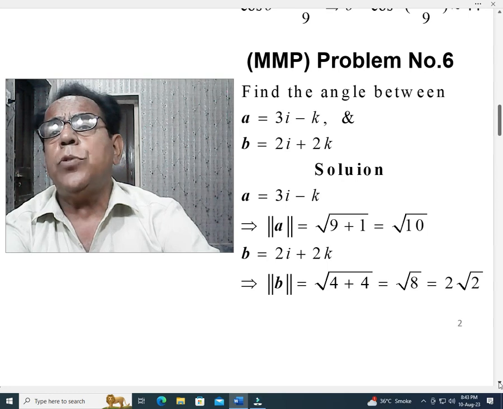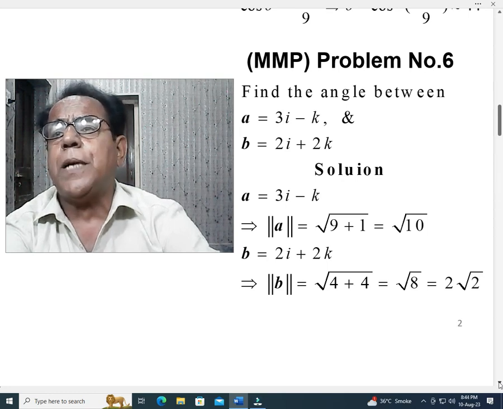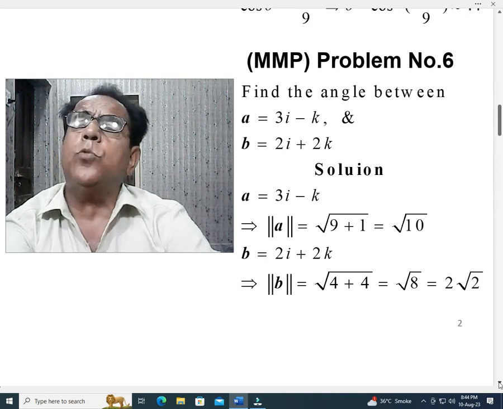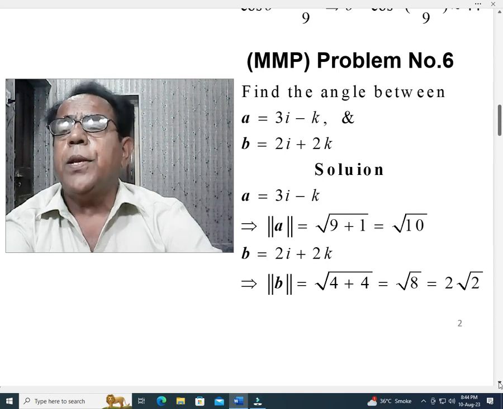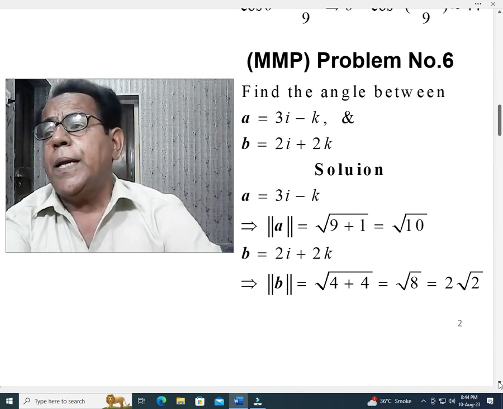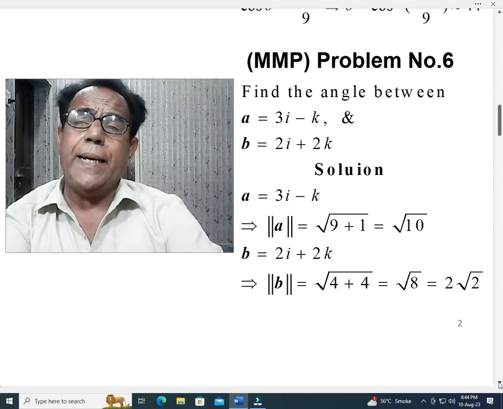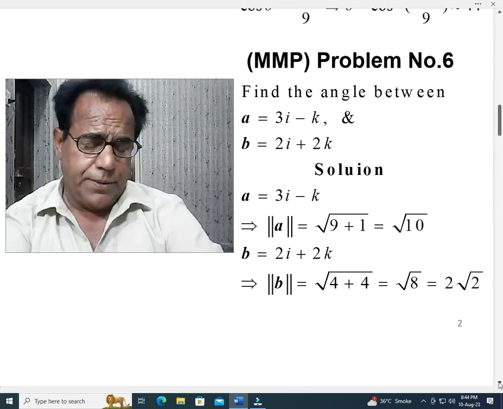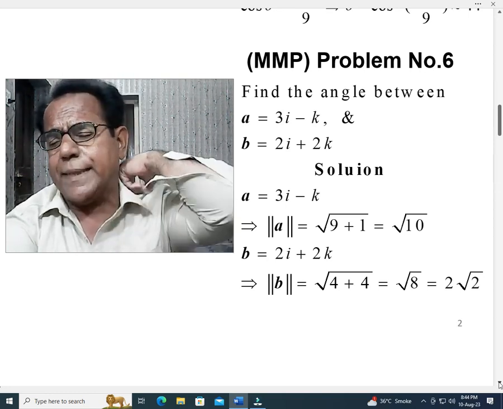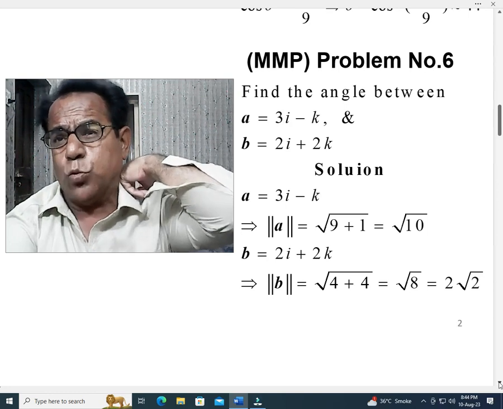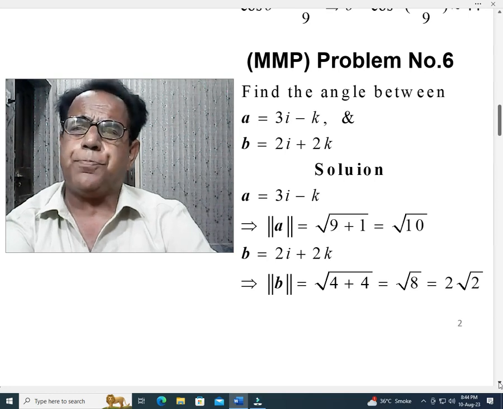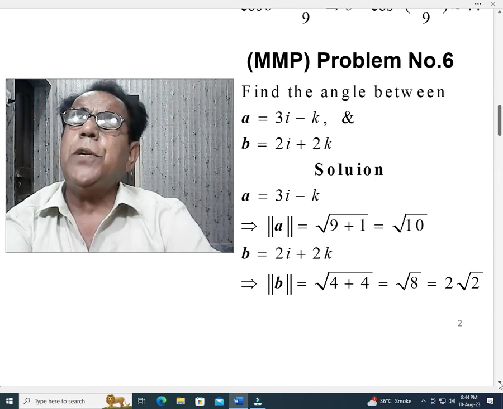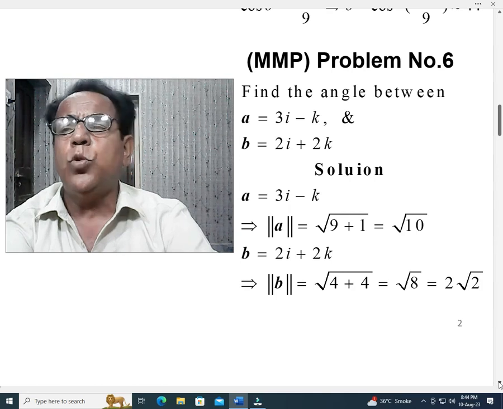B vector is equal to this, so magnitude of B vector becomes equal to 8 under root, or 2 into 2 under root, because 8 can be written as 4 into 2, while 4 is a square of 2, and hence power 2 is cancelled by power 1 by 2, because under root means power 1 by 2. So there is no difference between 8 under root and 2 into 2 under root.